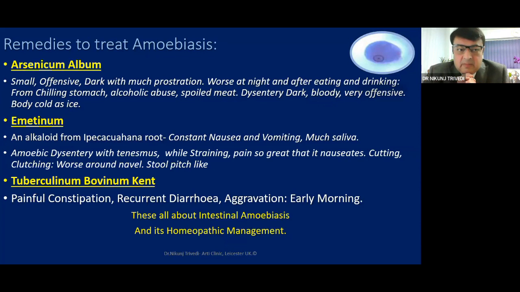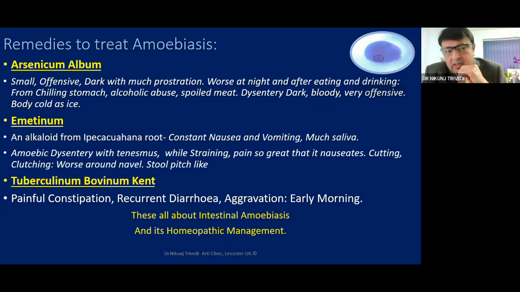So we have seen Arsenicum album, Emetinum, and Tuberculinum bovinum, which we are discussing for painful constipation. With amoebiasis, there are two organisms participating. One is Entamoeba histolytica and another one is Entamoeba hartmanni.